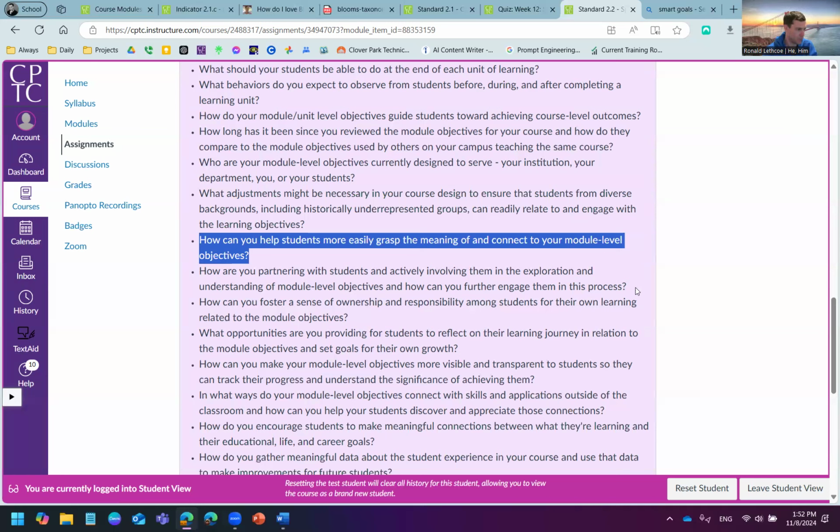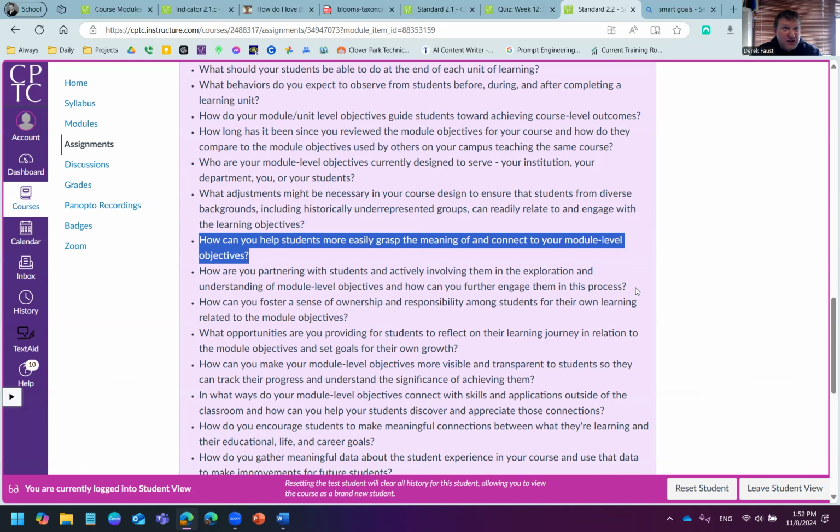I think this is true of students: they don't know what they don't yet know, right? And that's exactly what outcomes and objectives are. This is what you will be learning. So sometimes I think it's hard to ask students, does this make sense?